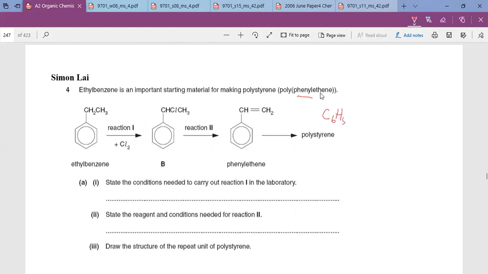Means one of the hydrogens here has been substituted, and of course your ethene here too. Ethene means what? Double bond. Now this is your monomer. This is your C6H5, isn't it? Because hydrogen here has been kicked off.